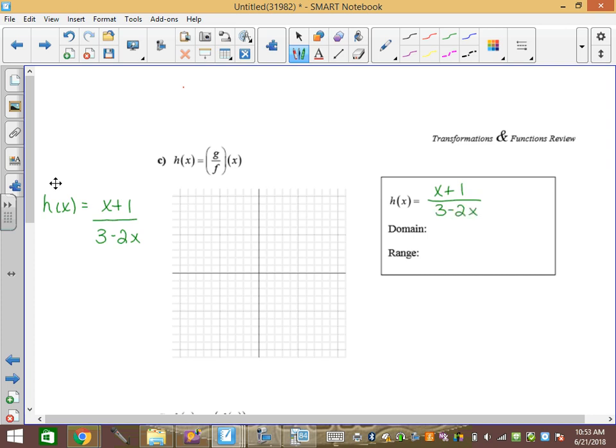I have a vertical asymptote when my denominator equals 0, so 3 minus 2x equals 0. -2x equals -3, divided by -2, x equals 3/2.